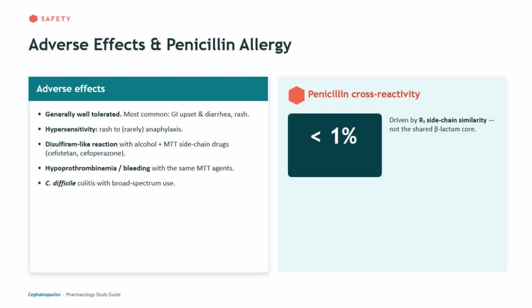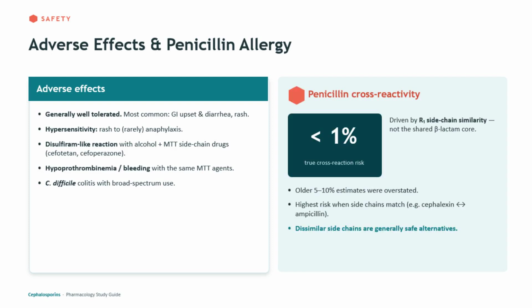Let's cover safety now, because you'll be asked about this constantly on the wards and in exams. Overall, cephalosporins are generally well tolerated. The most common issues are GI upset and diarrhea and rash. Hypersensitivity reactions range from mild rash to rarely anaphylaxis.